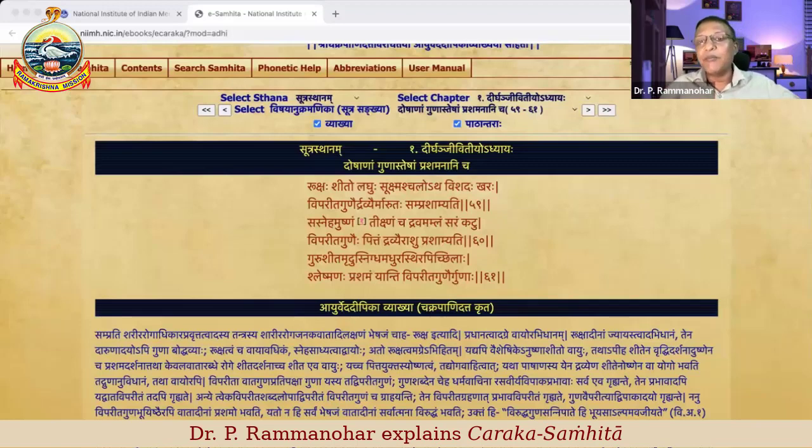It's like a continuum. You have Ushna and Shita at the top. Ushna and Shita are not two separate gunas actually. They represent one continuum. The continuum we can call temperature. If you just change the temperature in a chemical system, for example, as the temperature changes, automatically the nature of chemical reactions will change.